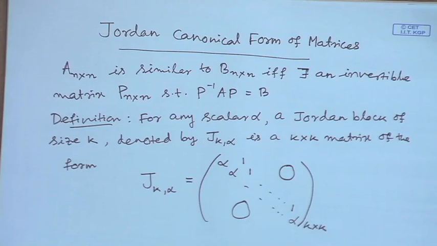So, this is called a Jordan block, and then next we shall define a Jordan block matrix or a Jordan canonical form.